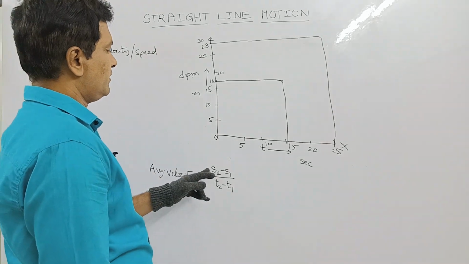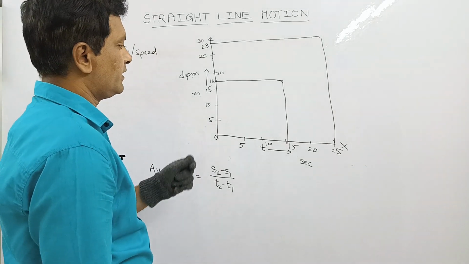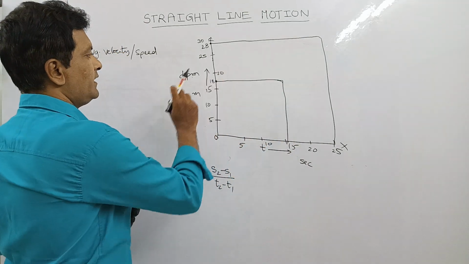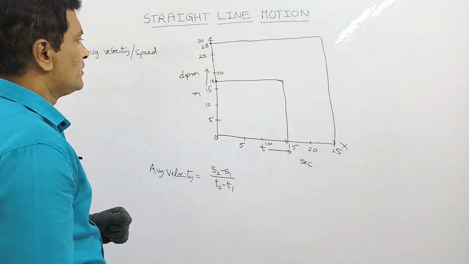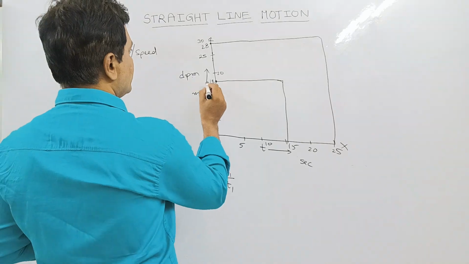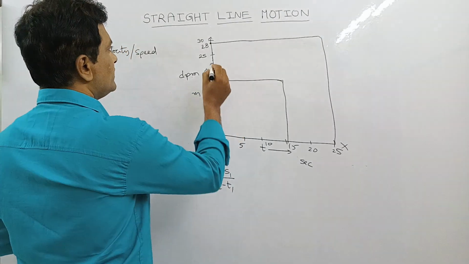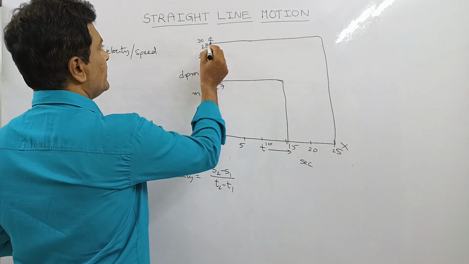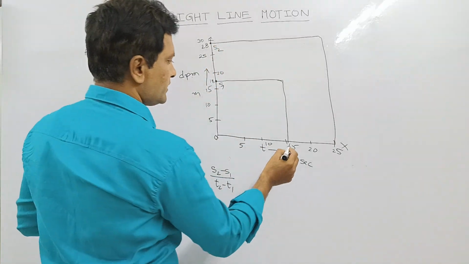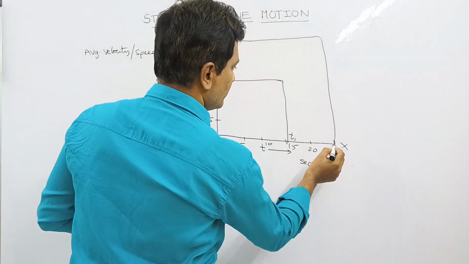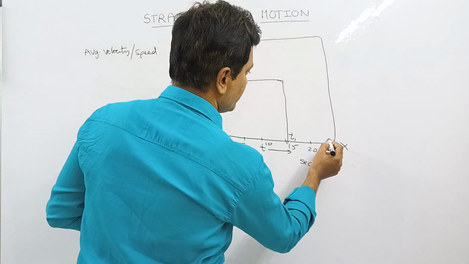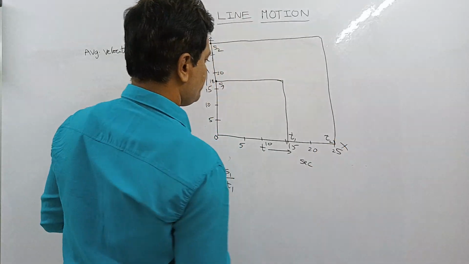Here the position of the object at 15 seconds is 18. So if we consider this as s1, this point 28 is s2, this time limit is t1, this 25 is t2.